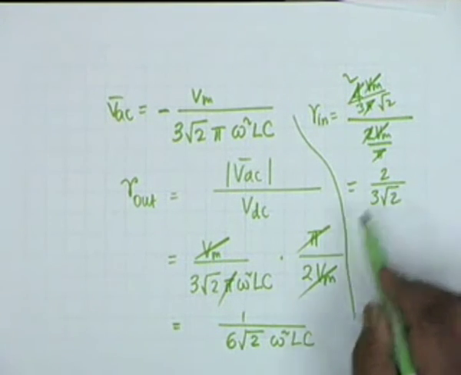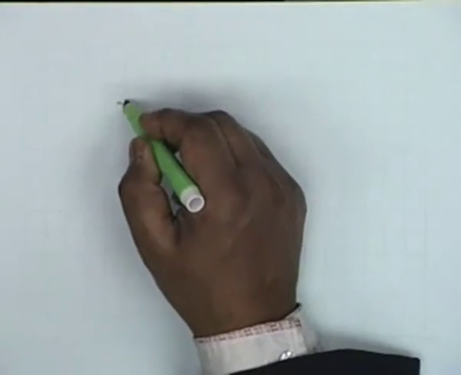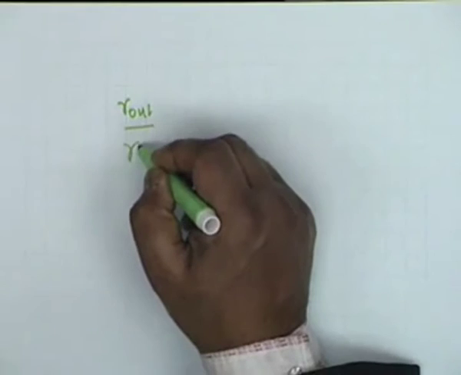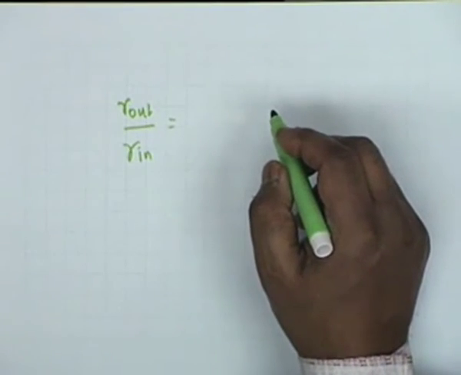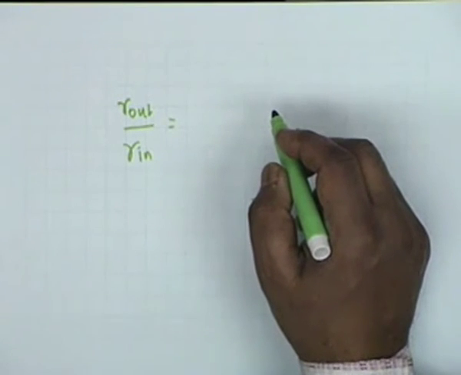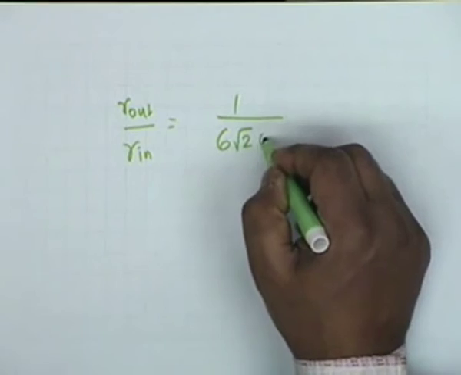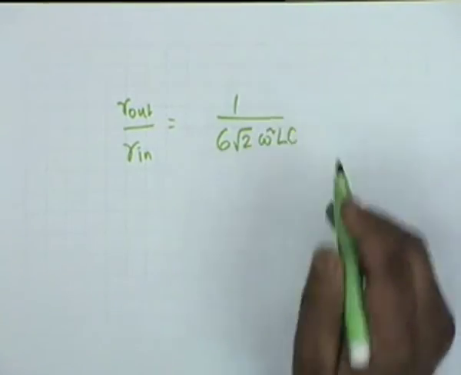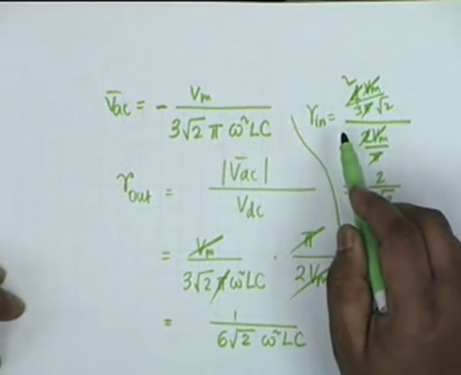Now compared to this, let us find out the improvement factor, R out divided by R in, the ratio of the two ripple factors. Last step, the input ripple factor.